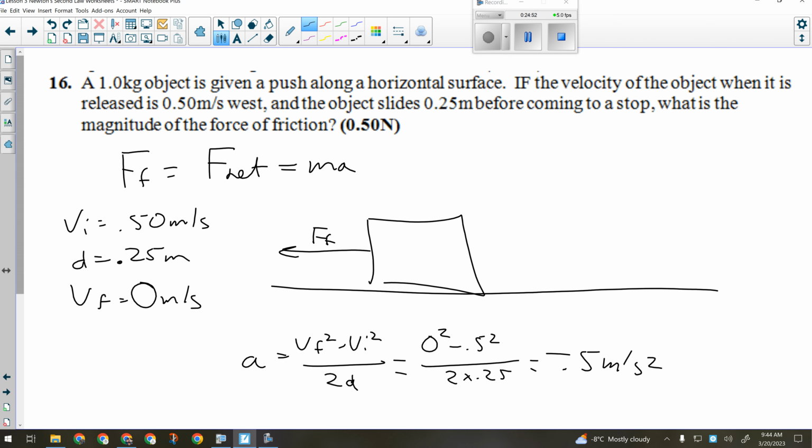So now that I've got the acceleration, I can go 1.0 kilograms times the acceleration, negative 0.5, and I'm going to get 0.5 newtons backwards, or negative. And negative would be fine on this one because, oh no, sorry, it's west. Released at 0.5 west, so this would be east.